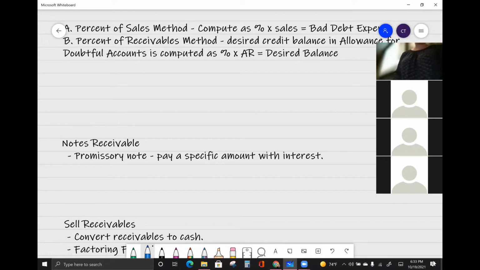So we have Music Land has decided that they're going to estimate it on sales. So our credit sales are 400,000.